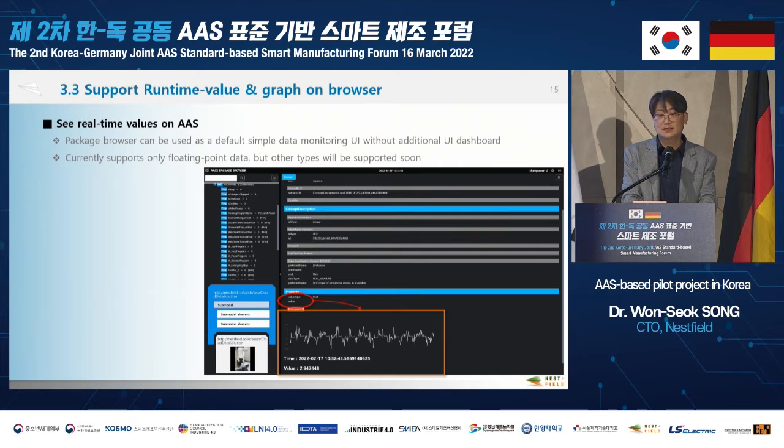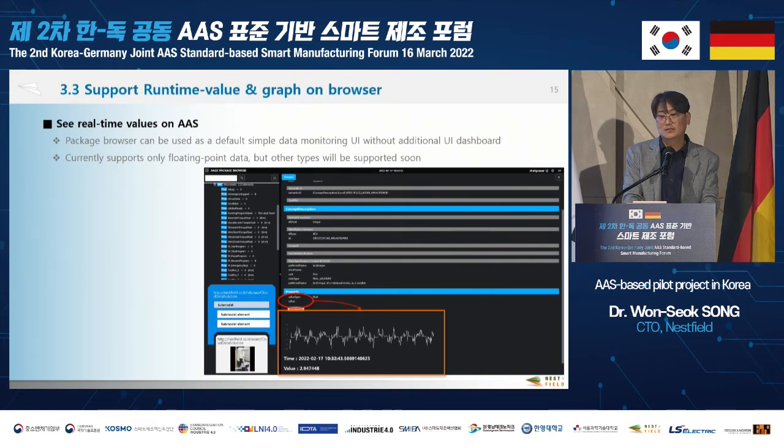The third one is you can see the data on a real-time basis. I mean the shop floor data. In the package browser, you created another UI to check out the shop floor information. And now on the browser, you can see the data directly.